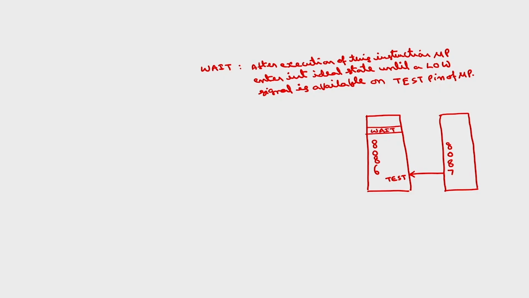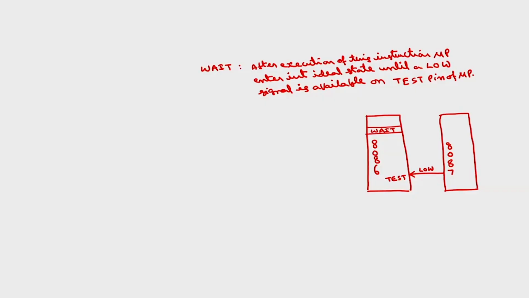It simply enters into the idle state till there is a low signal on the test pin. It will go into idle state and keep checking this test pin. Whenever this test pin receives a low signal from the external peripheral, that means the function of 8087 or any other peripheral device is over. So, it will come out of this idle state and execute the remaining instructions. This is wait.